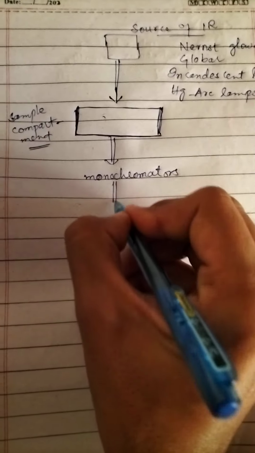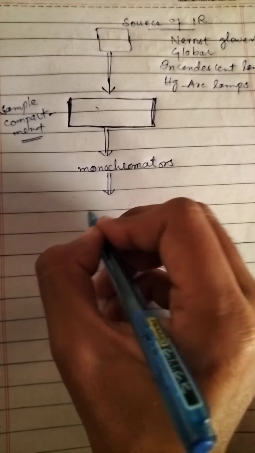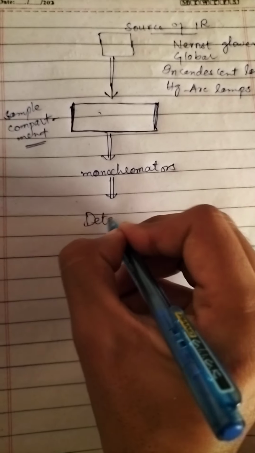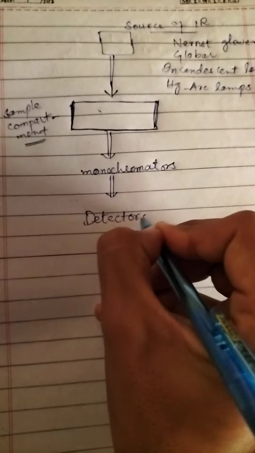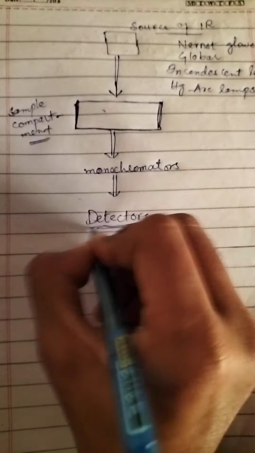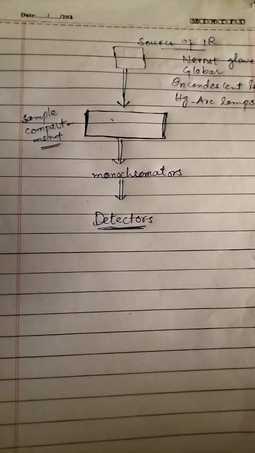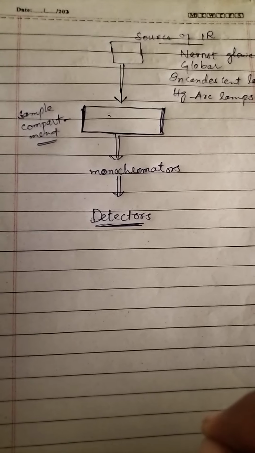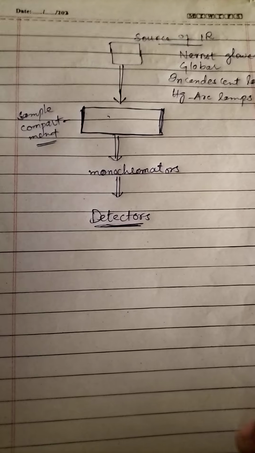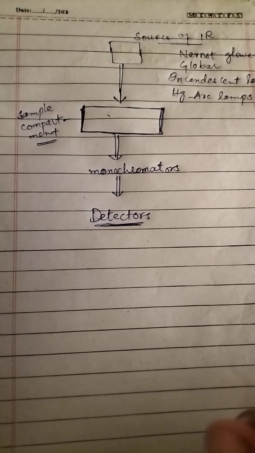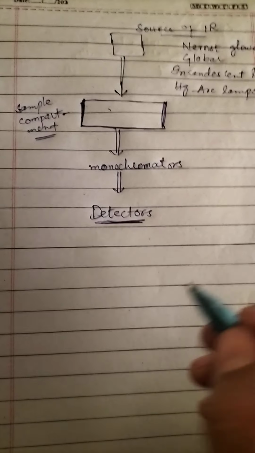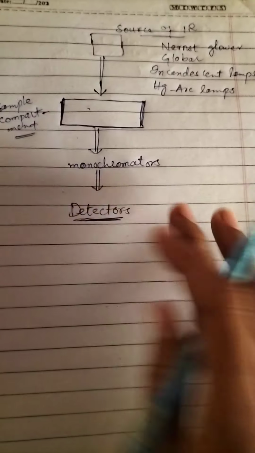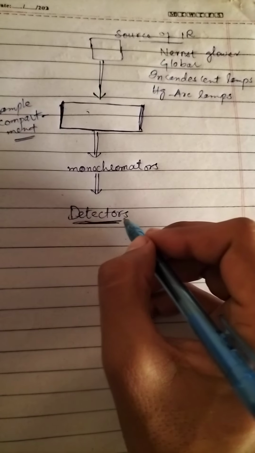After this, some IR radiations are absorbed, which may give vibrations in the bonds between the atoms of the molecules, and the others are emitted, which are detected through the detectors.